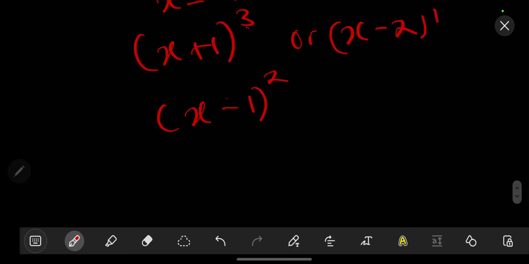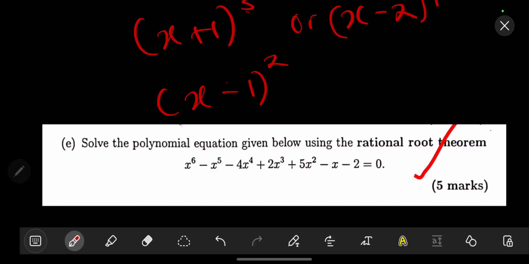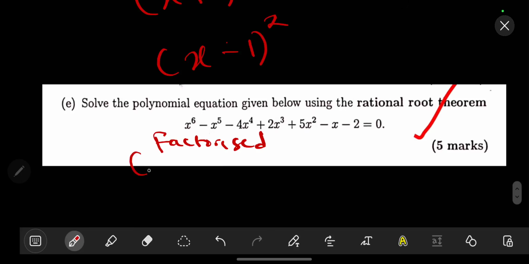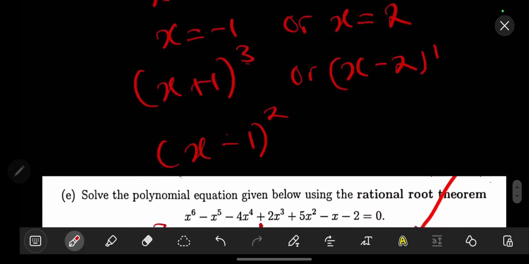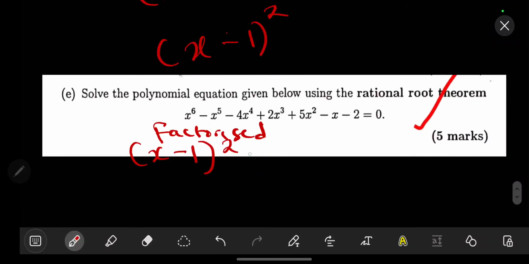So the equation that we were given in its factorized form is equal to, let's write it. So this equation factorized is equal to x minus 1 to the power of 2 times x plus 1 to the power 3.